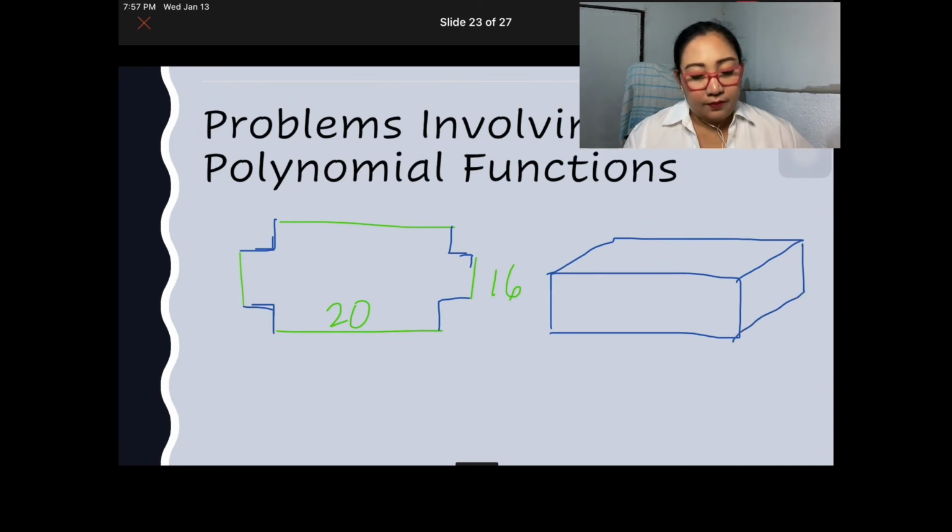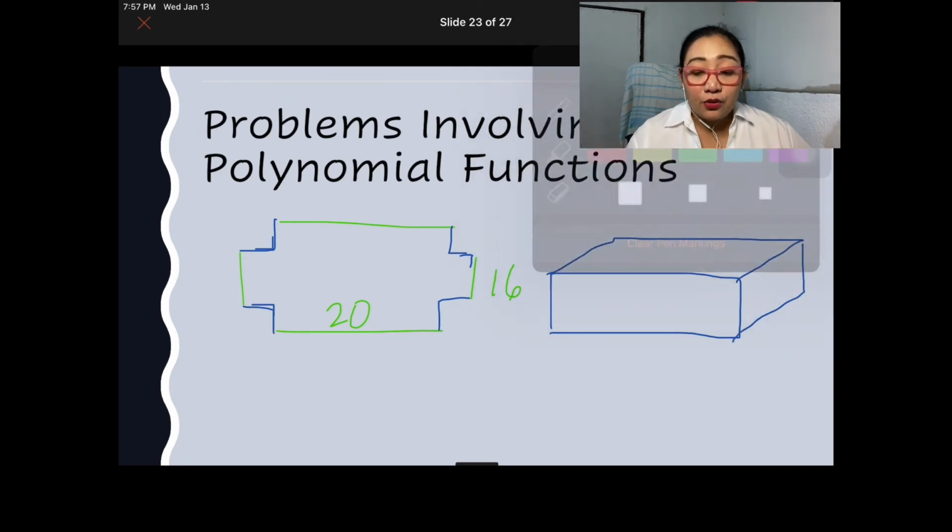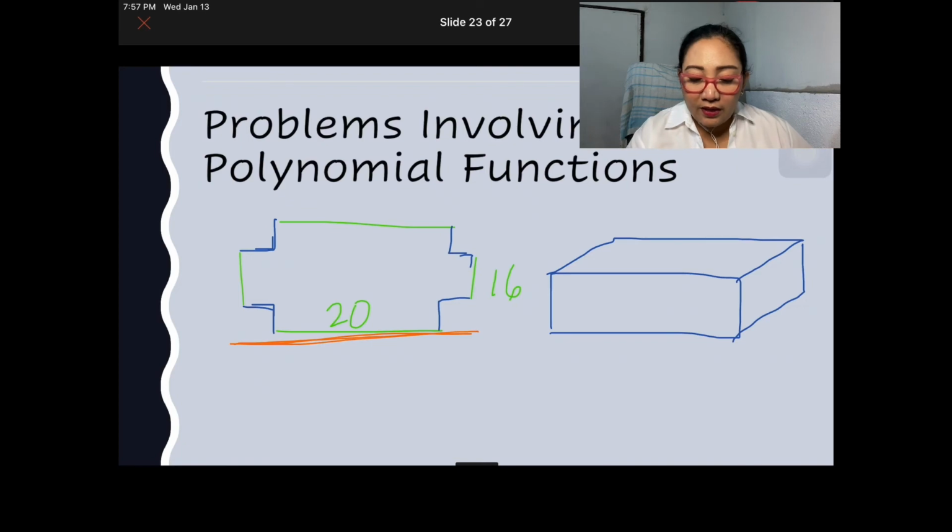Okay? So, ano ngayon ang magiging dimensions ng open box na yan? So, originally, you have 20 inches. If x represents the length of the cuts, if yung length ng mga pinagpuputol natin kanina ay x.